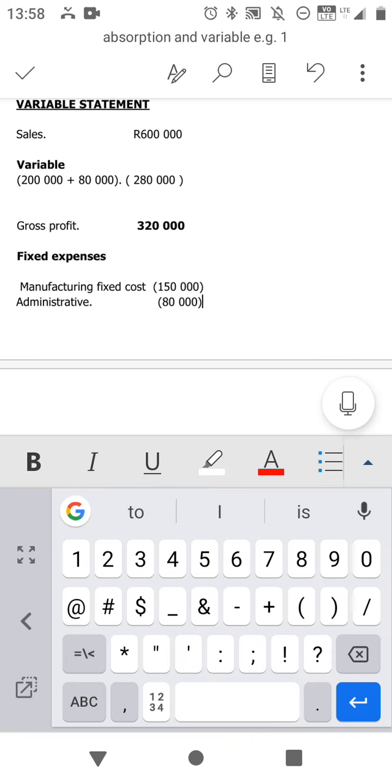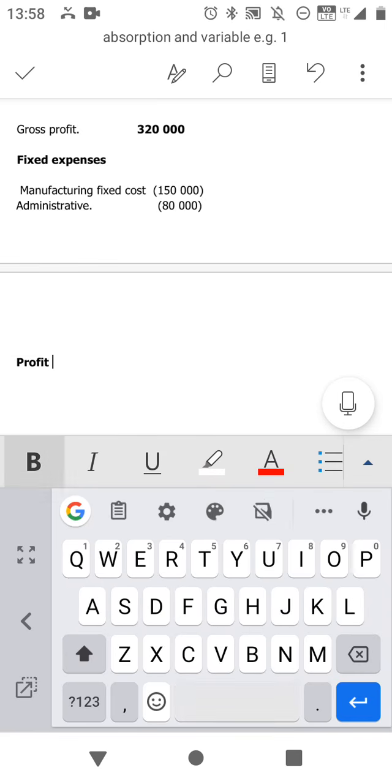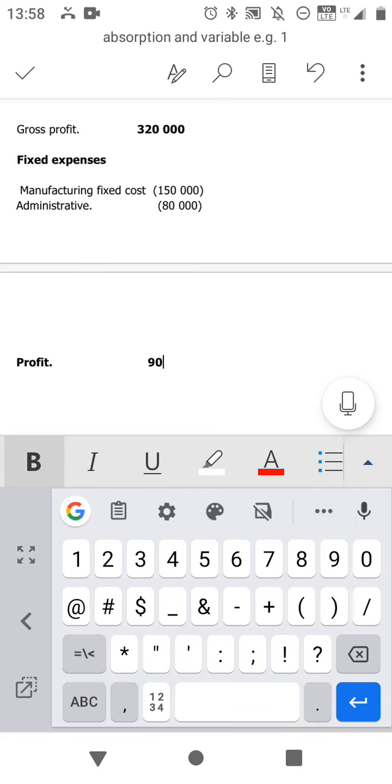All right, we're going to have 320 minus 150, then minus 80,000. Then we're going to have the profit of 90,000, which in this question was given as 90,000.